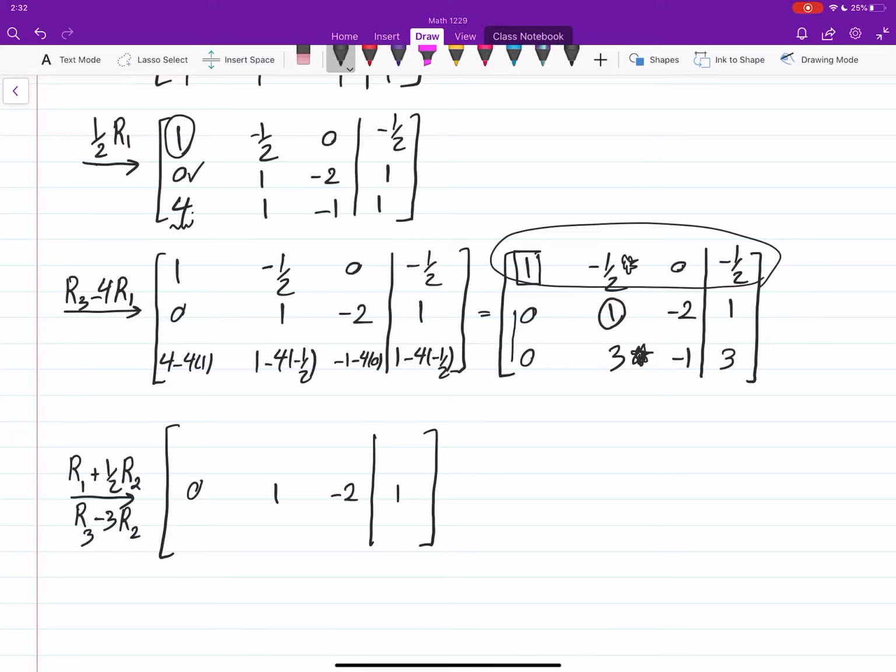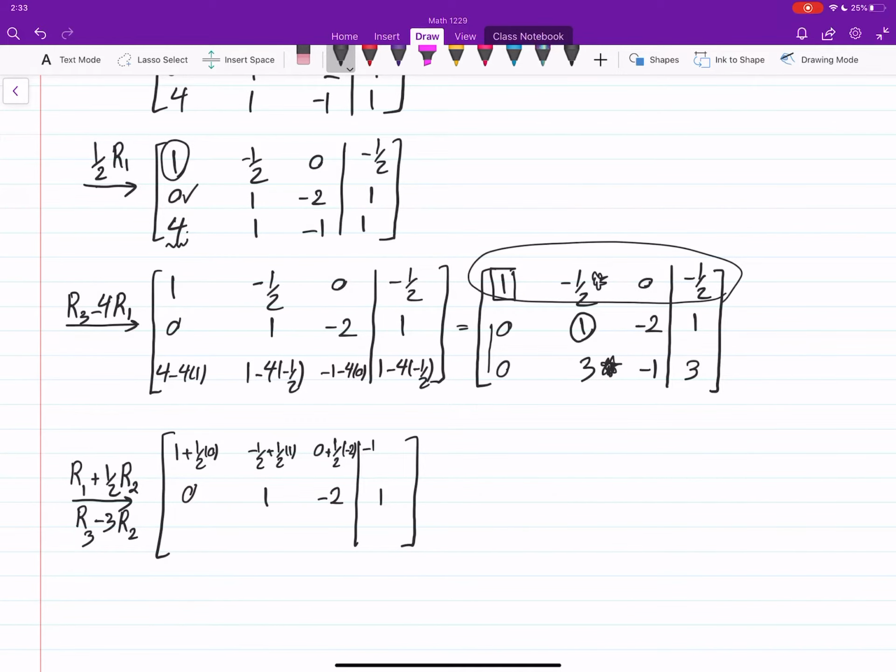What happens to our 1 is 1 plus half times 0, negative half plus half times 1, and 0 plus half times negative 2. How about this part? Negative half plus half times 1.